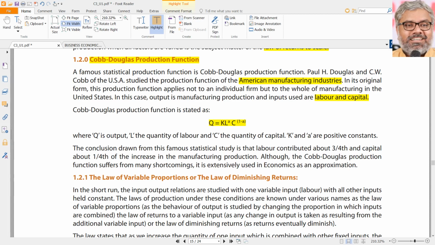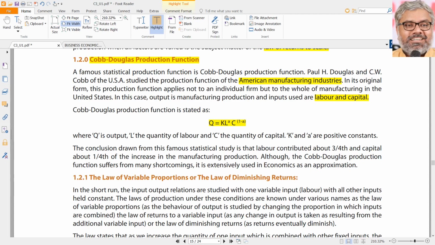That means 50-50 they have influence on output. Let us say if A is 0.2, just for example, that is 20%. Then 1 minus A will be 0.8. That means 80% capital will have influence.